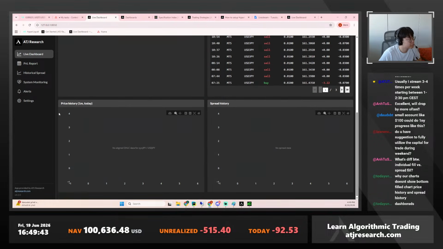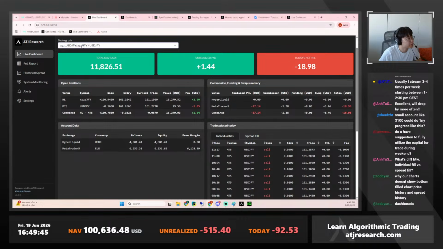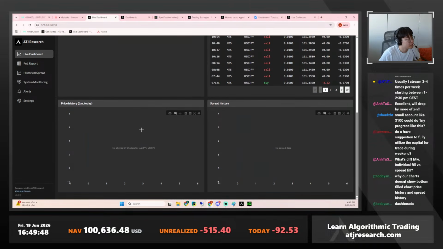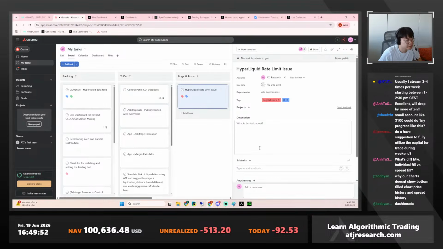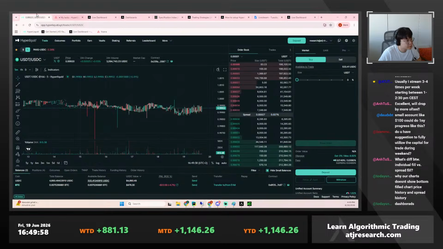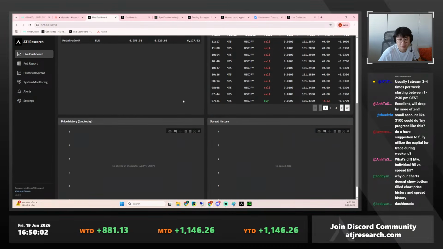We'll get filtered here. But that's how you get it, right? You have to filter strategy pair and then this will show up. The rate limit issue, I'm still working on it, right? I need to make my dashboard more efficient with the data because sometimes I'm requesting too much and then we'll hit the rate limit error, which I still have to work on. But let me know if that solution helps you.